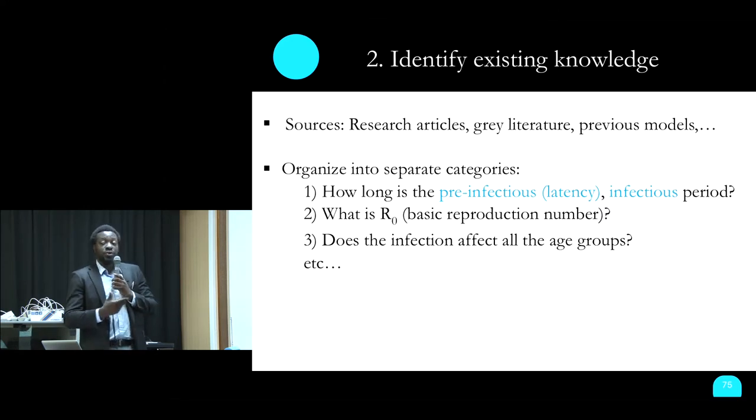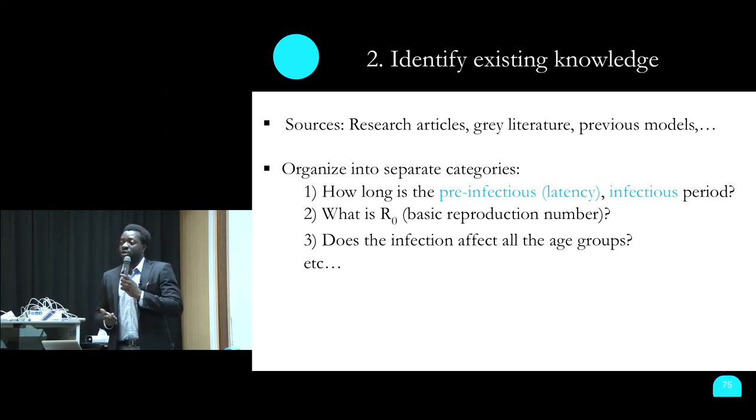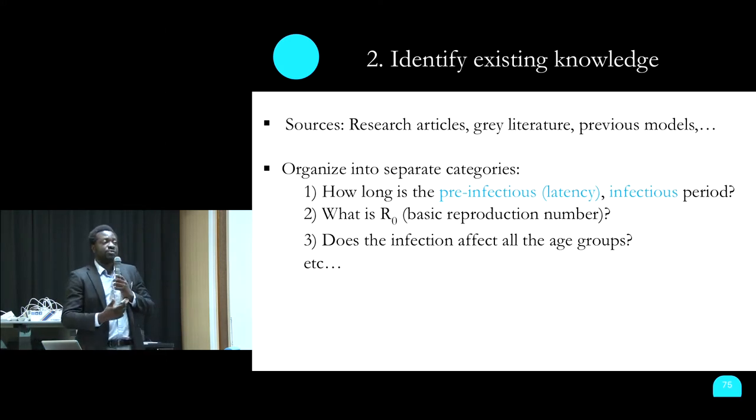In our case, it's a new strain, but we want to see also other forms of influenza. What is the R0 of other forms of influenza? Does the infection affect all the age groups, or does it affect mostly children or adults? So you kind of really, as an investigator, try to see in detail the common characteristics of the infection studies in the literature.